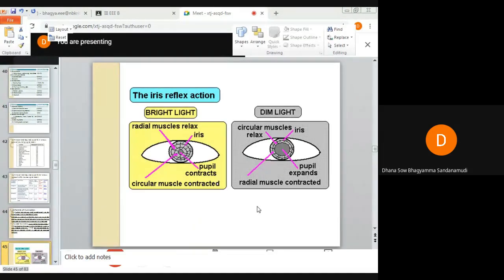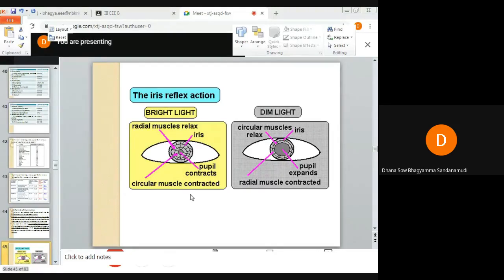So I can explain it by this image. You can see I'm showing the eye here, under bright light. This is the iris of the eye. It has radial muscles and circular muscles. You can see circles here; they are the circular muscles. You can see straight lines on these circles; they are the radial muscles.